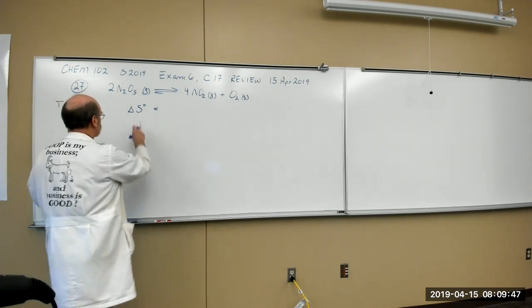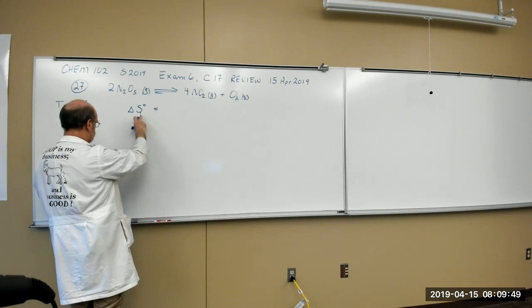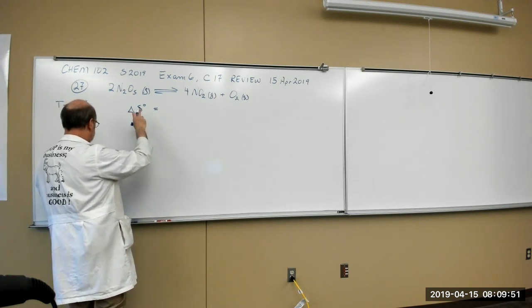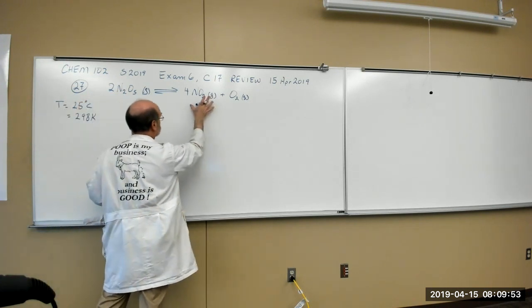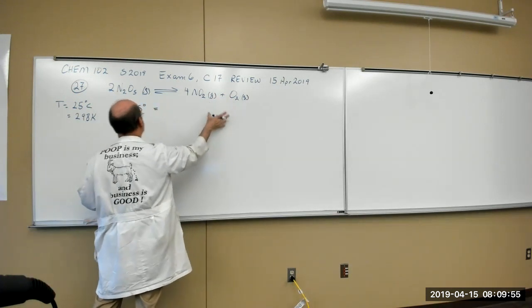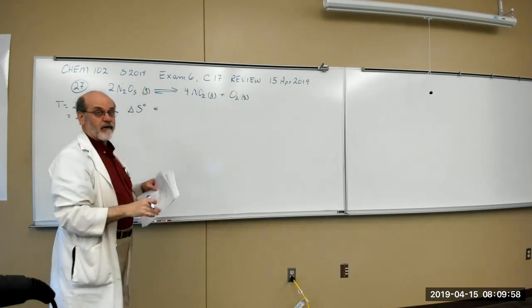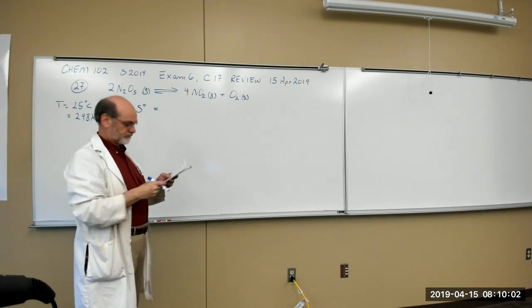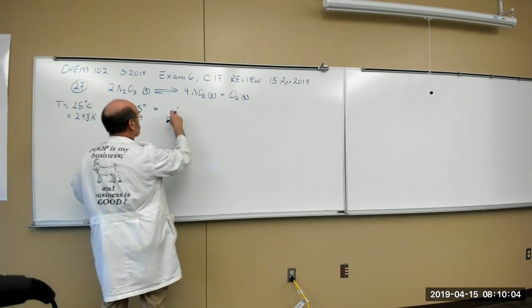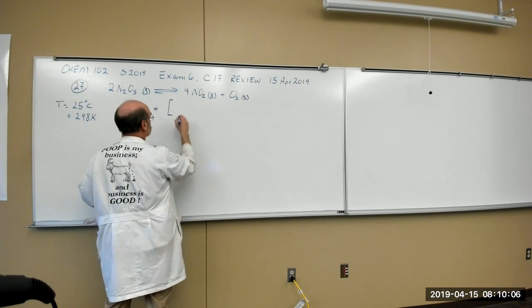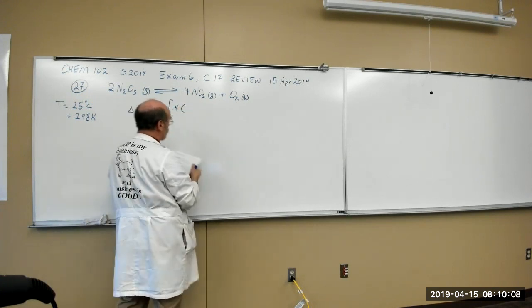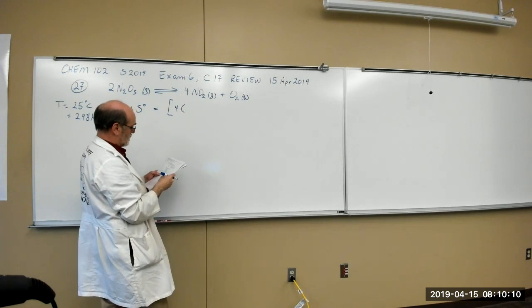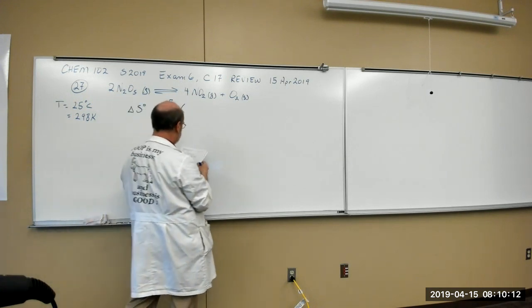The standard entropy for this reaction is the entropy of the products minus the entropy of the reactants. All right. So products will be 4 times whatever NO2 is. NO2 is 239.9.